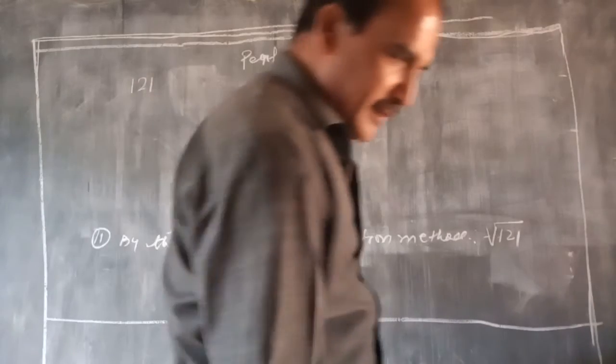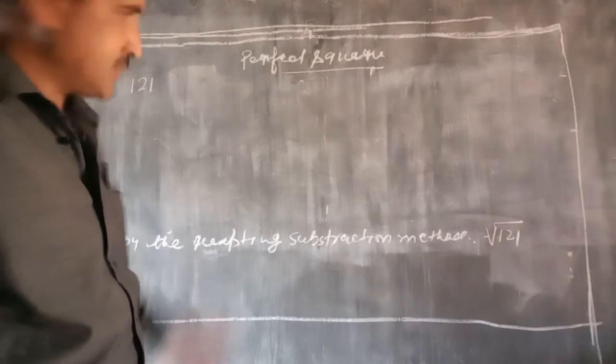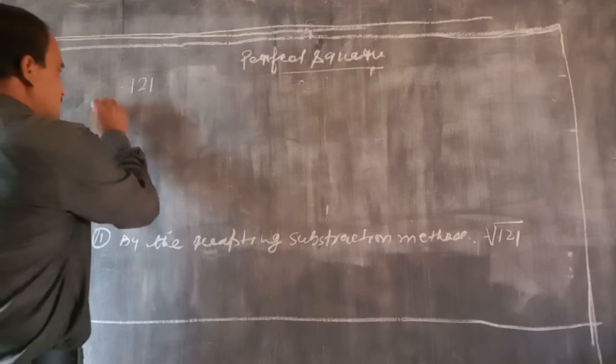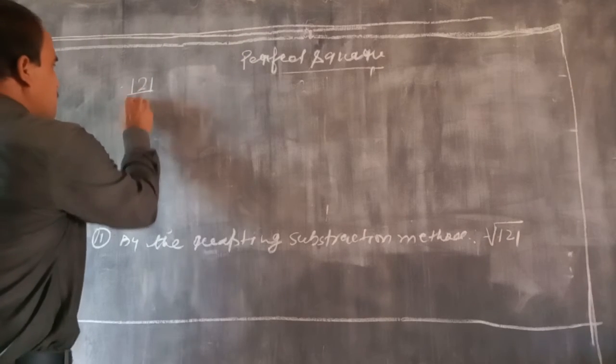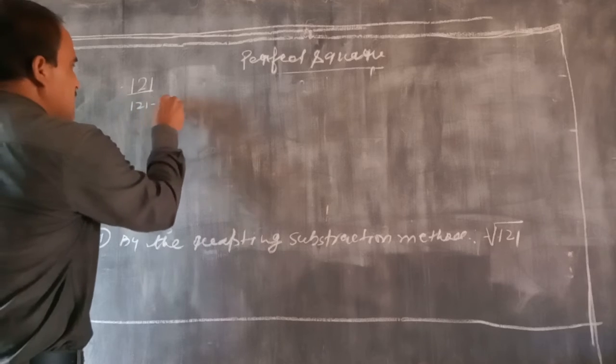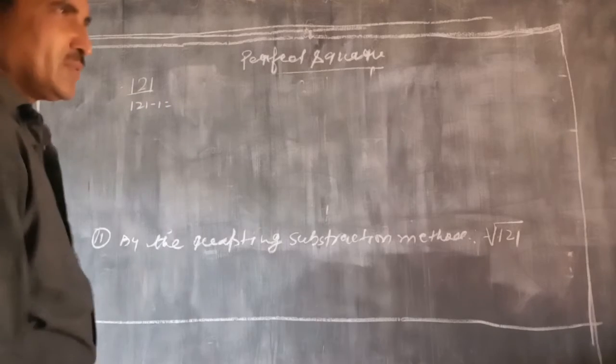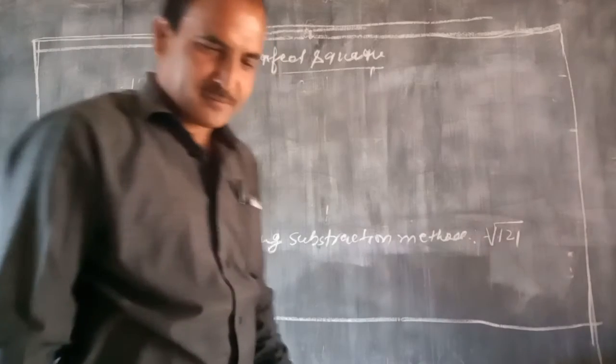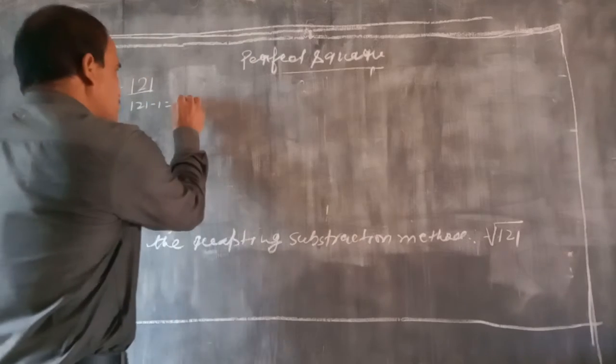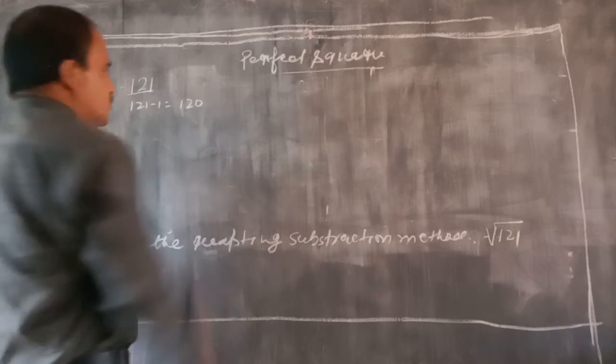It is a very good method, and you can find it in an easy way. Here is my question: 121 minus 1 is equal to what? Any student can say. Then you may write 120.